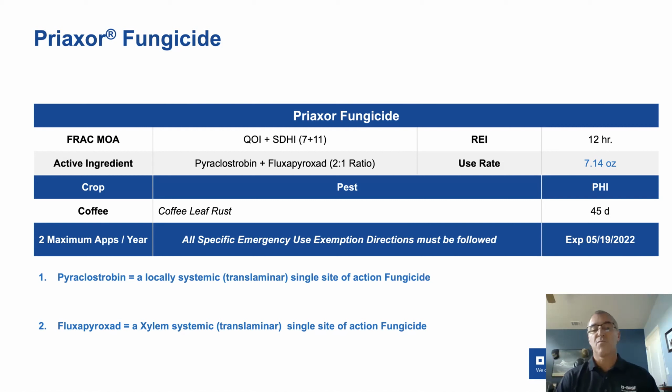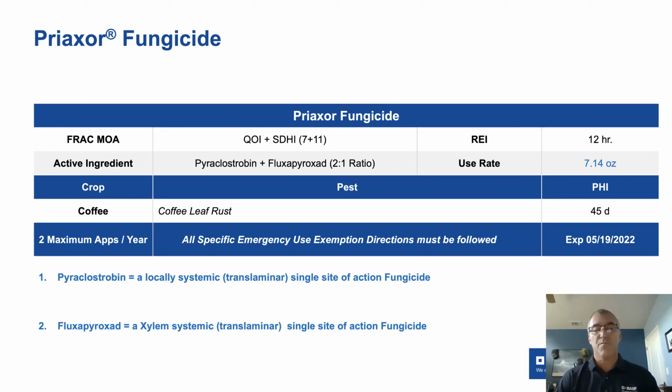It will also move through the leaf top to bottom, so below that spray area is basically treated also. Key thing to remember is this works at one site of action on the fungus. So it only attacks one spot on the fungus.